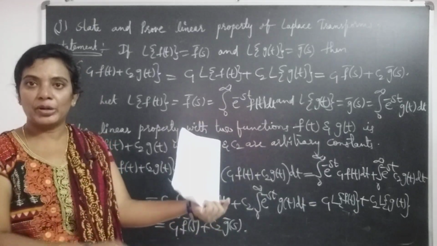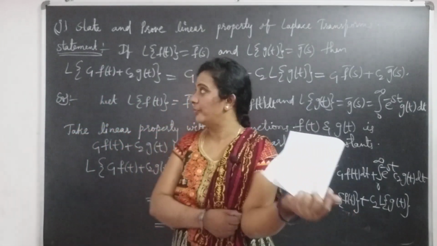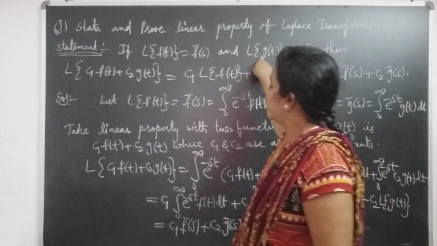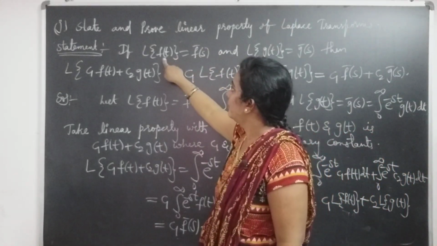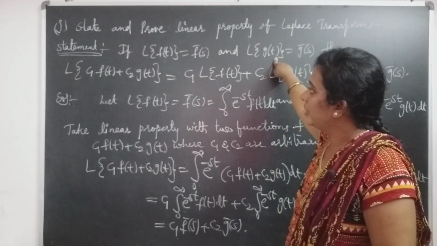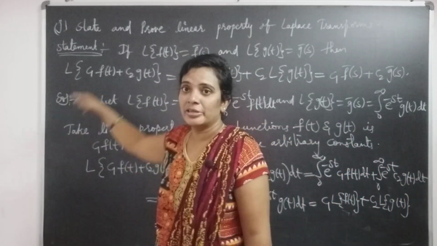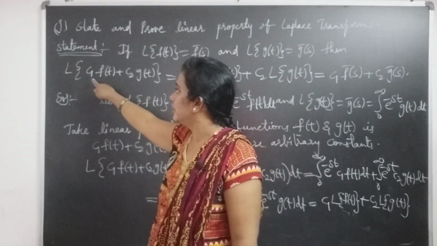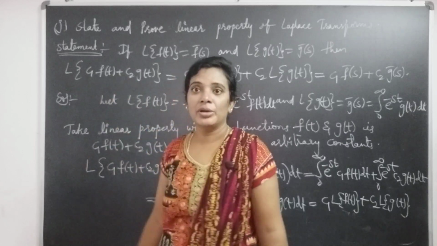This is the linear property with statement and proof. The statement: we take two Laplace transforms, L of f of t and L of g of t. Linear property means the combination of two functions with two arbitrary constants, c1 f of t plus c2 g of t.